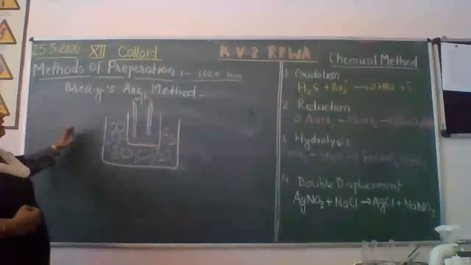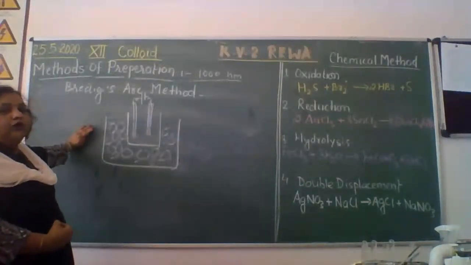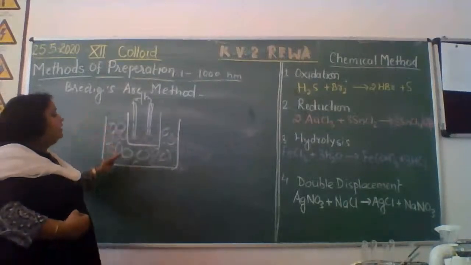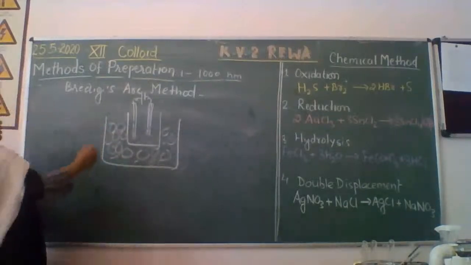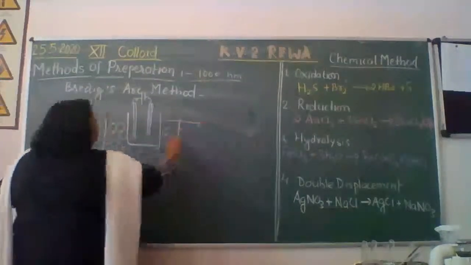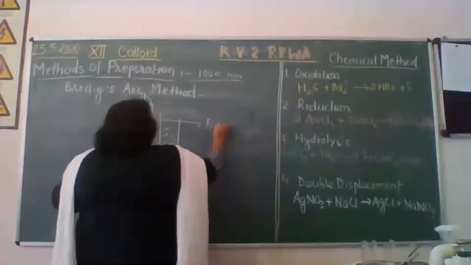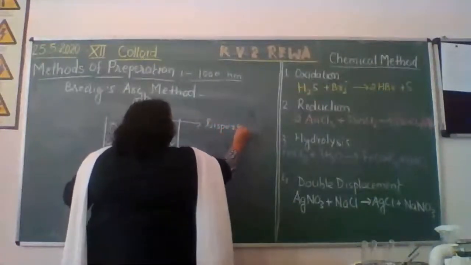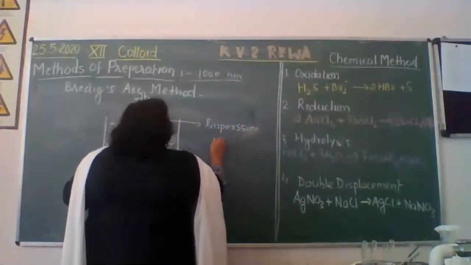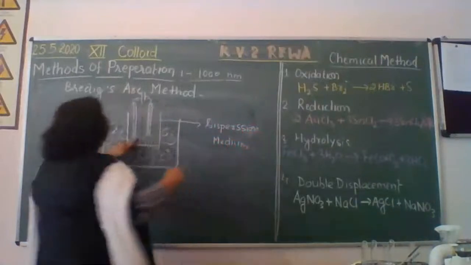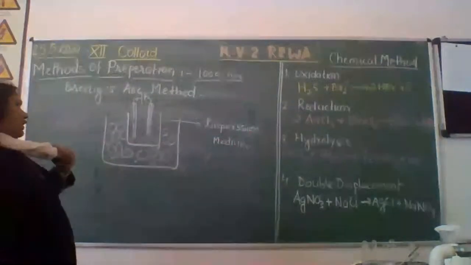So this is the method of condensation and evaporation. What happens here? In the inner vessel, you take the dispersion medium, the medium in which you want to prepare the colloidal solution, you fill it in the inner container.